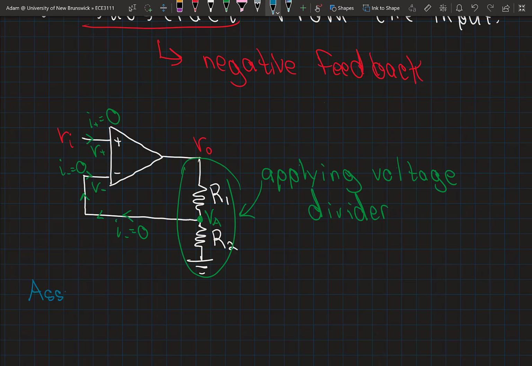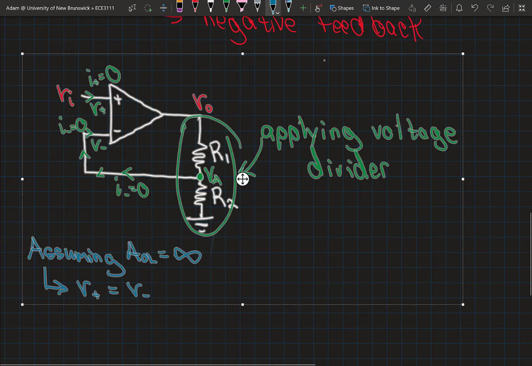Assuming AOL is infinite, and again we won't actually state this every time, I just want to remind you that this is the reason that we say that the voltage at the non-inverting terminal is equal to the voltage at the inverting terminal.